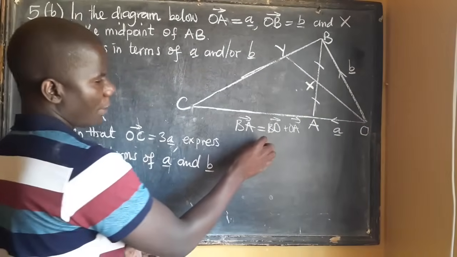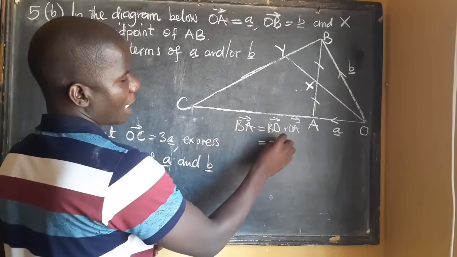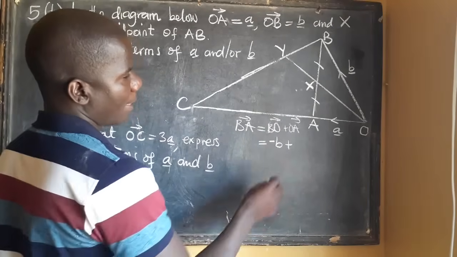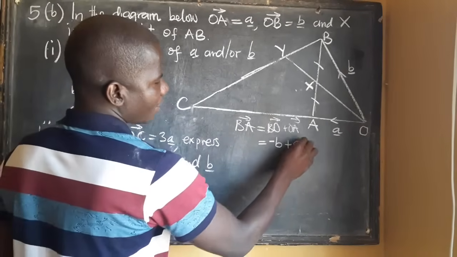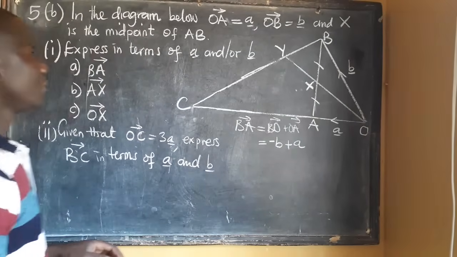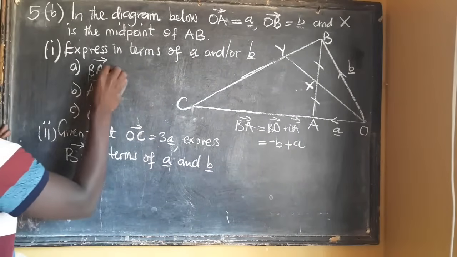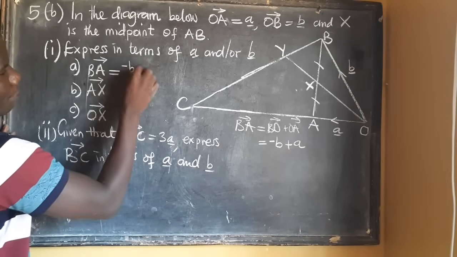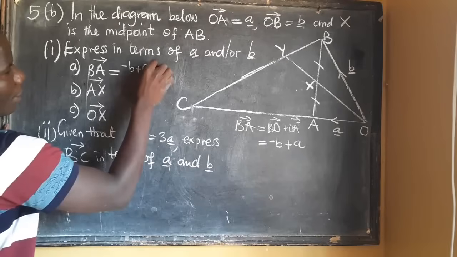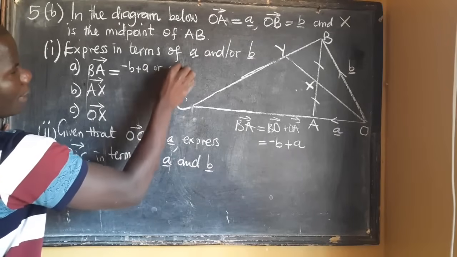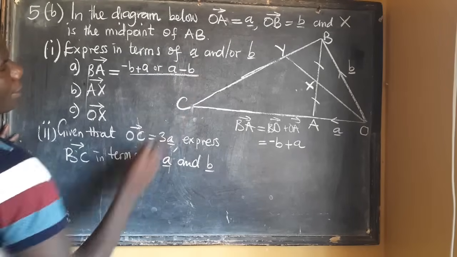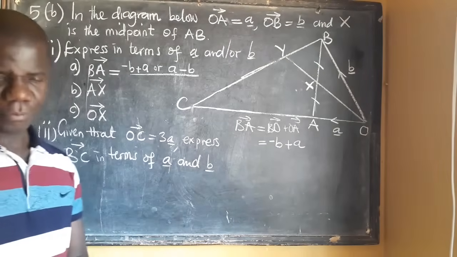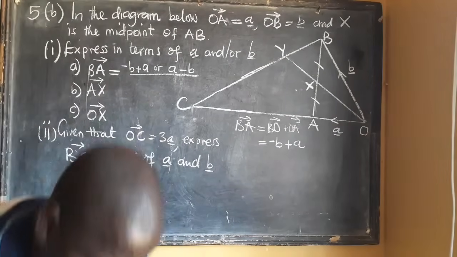So we are going to have minus B plus OA, it's A. So that is what we are going to have as our answer here: minus B plus A, or A minus B. Are we together? So that is what we're going to have there.